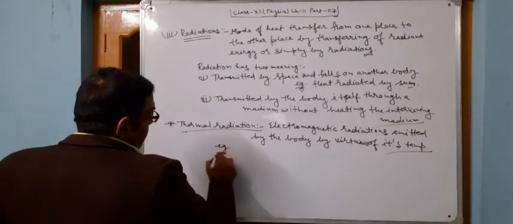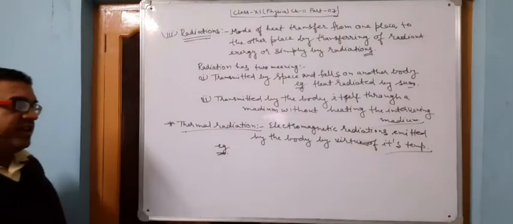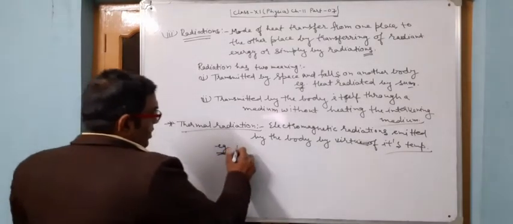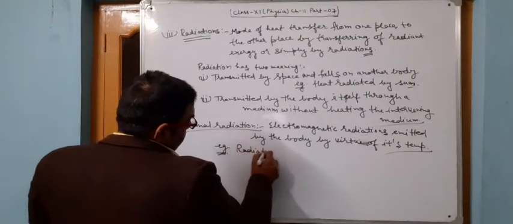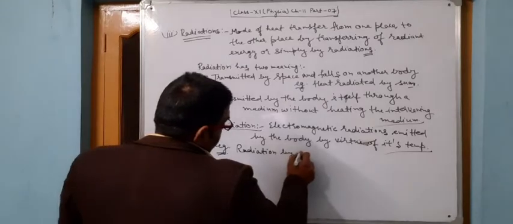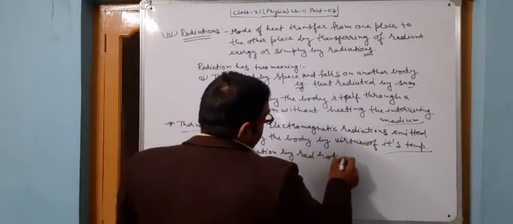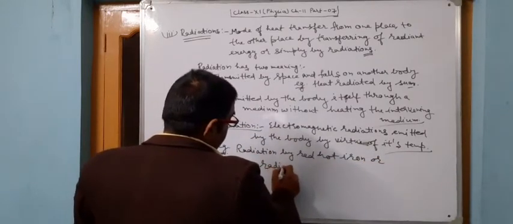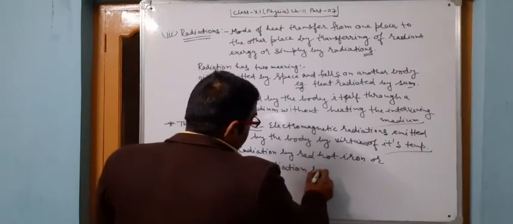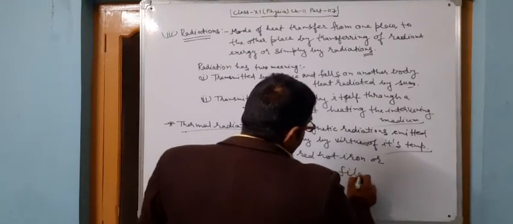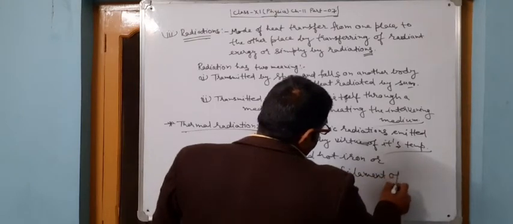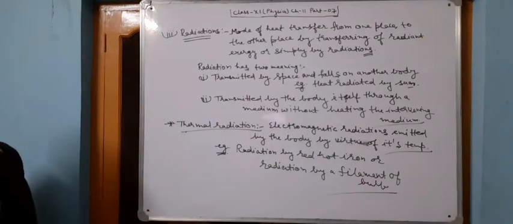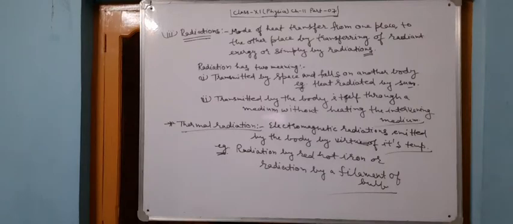Example: radiation by red hot iron, or radiation by the filament of a bulb. These are the radiations that are called thermal radiations.